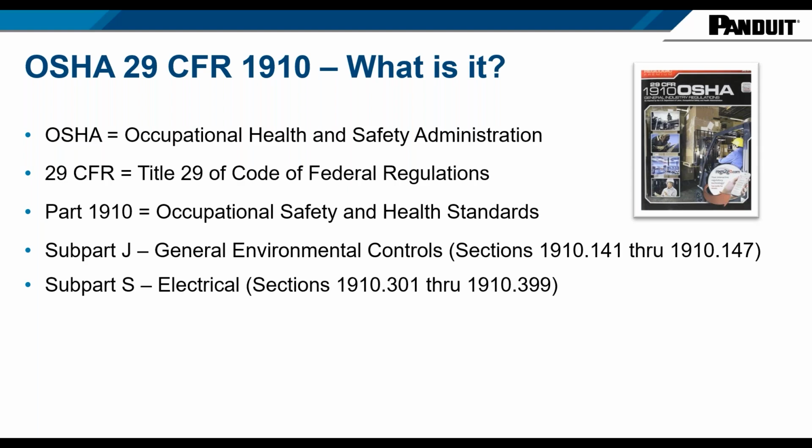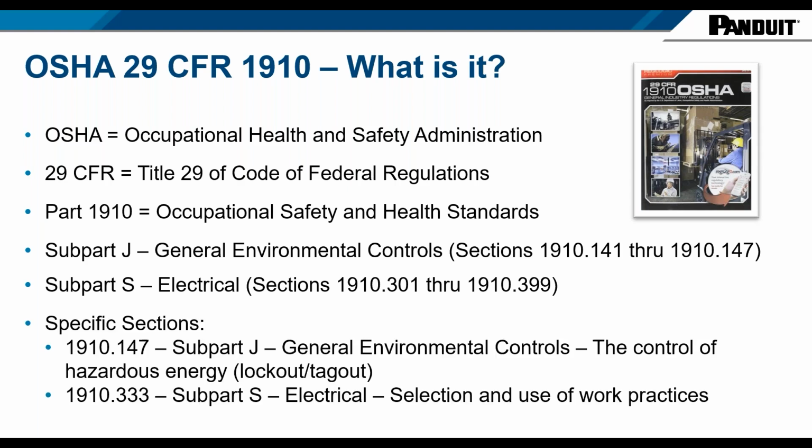I was actually watching a Netflix documentary the other day on killer whales, and OSHA was even involved in killer whales and how the trainers were no longer able to swim with the killer whales, which is an interesting comment. But then specifically in subpart J, section 147, and then in subpart S, 333. There's a range for each one of those. They're all broken up, but those are the two areas that we're going to focus on here today.